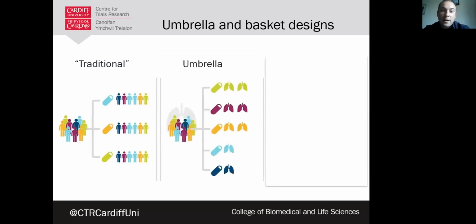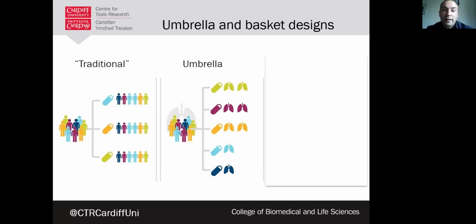This is an example in lung cancer. And as Adrian mentioned earlier, most of these novel designs have been pioneered in oncology, and the same goes for umbrella and basket designs. So this is a very simple example of an umbrella trial in lung cancer.